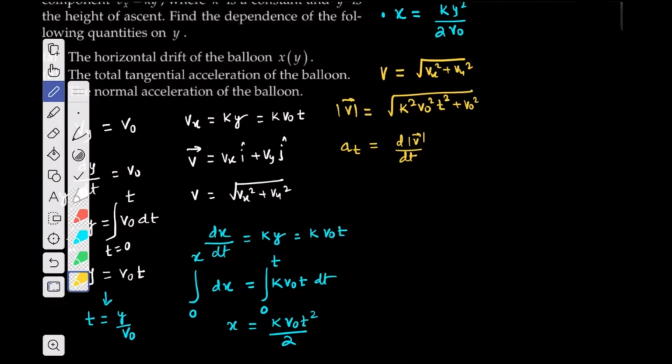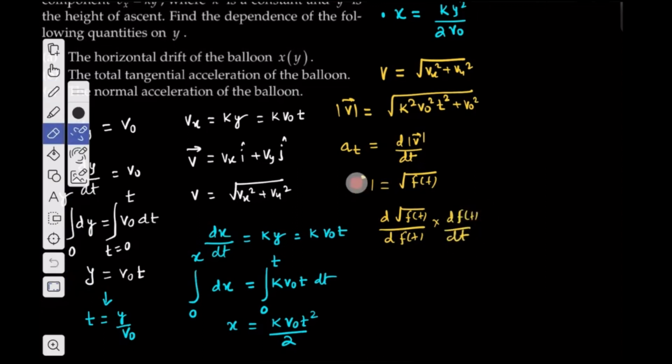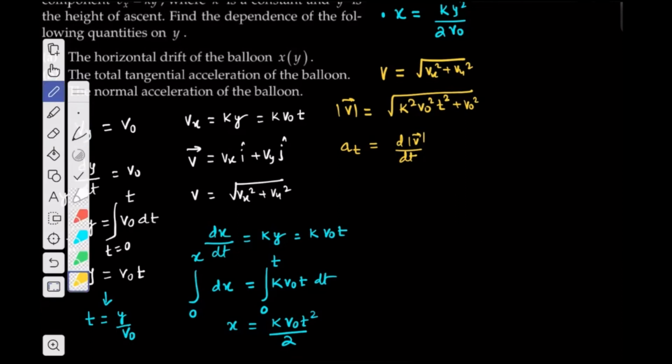For example, if I had this equal to some f of t, you will differentiate root of f of t with respect to f of t, and then you will differentiate f of t with respect to t. I don't think anyone will have any trouble with this, but still I'm telling you. So differentiate it, and that will give you the rate of change of speed. If it comes negative, it means speed is decreasing. If it comes positive, it means speed is increasing.